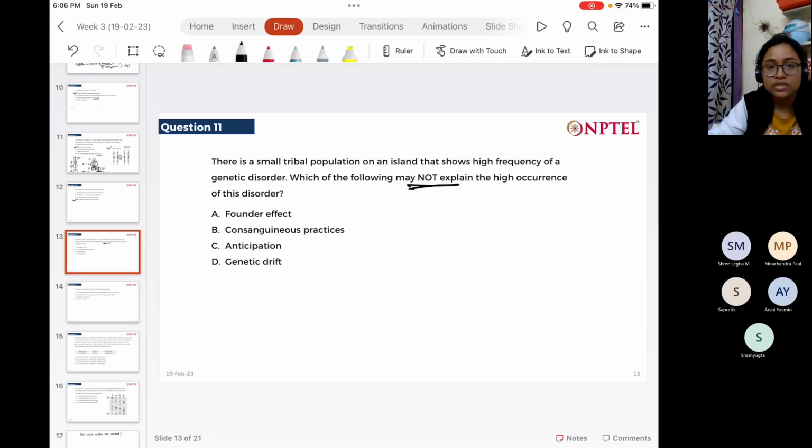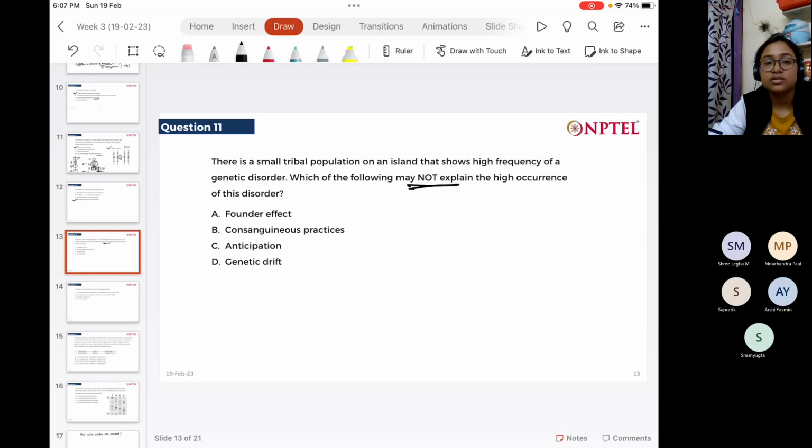And if neither of that case, no drift, no migration of people, even if people just married their siblings, like you have seen in videos as well, British royal families, in order to preserve their wealth, used to marry their siblings or cousins and all, right? Even pharaohs used to do that. So consanguineous practices also lead to the expression of the mutant allele. Homozygous condition, then the disorder happens.